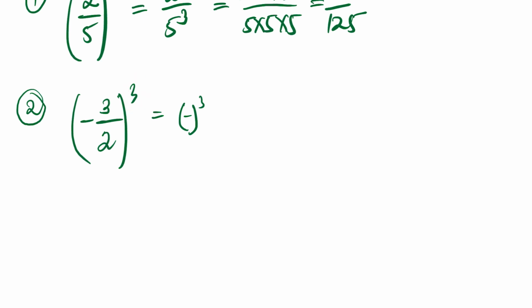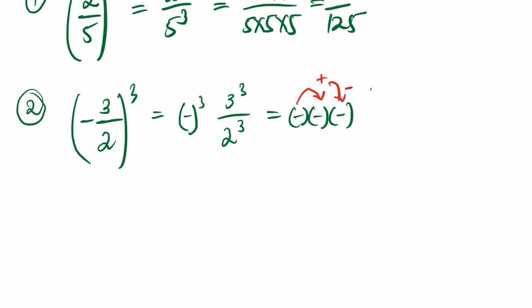So we're going to have 3 to the power 3 divided by 2 to the power 3. Then, alright, I forgot the negative. So it's negative times negative times negative. Negative times negative is positive, and positive times negative is negative.